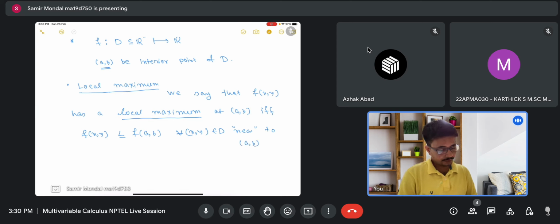So what do we mean by near? This inequality is satisfied not for the whole domain D, only near to (a, b).